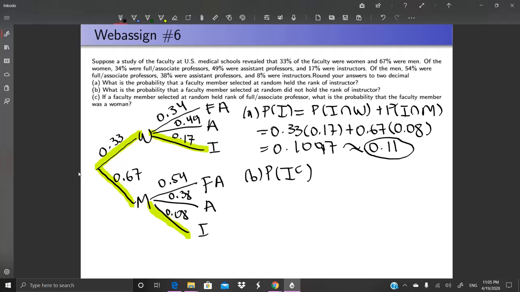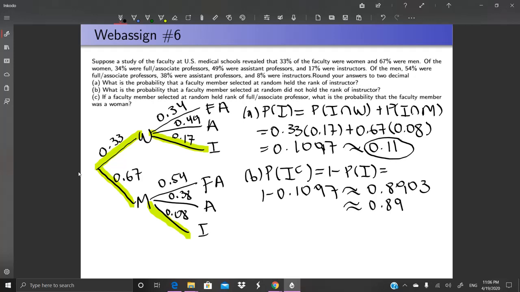If you remember, the probability of I complement is just 1 minus the probability of I. So that would be equal to 1 minus 0.1097, which is approximately equal to 0.8903. And then of course, rounding to 2 decimal places, this is equal to 0.89.